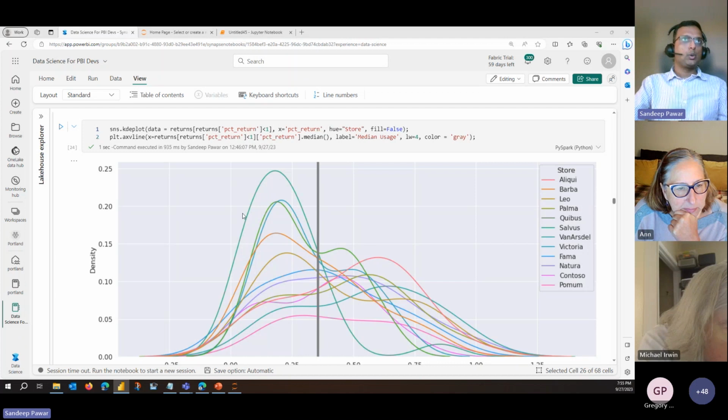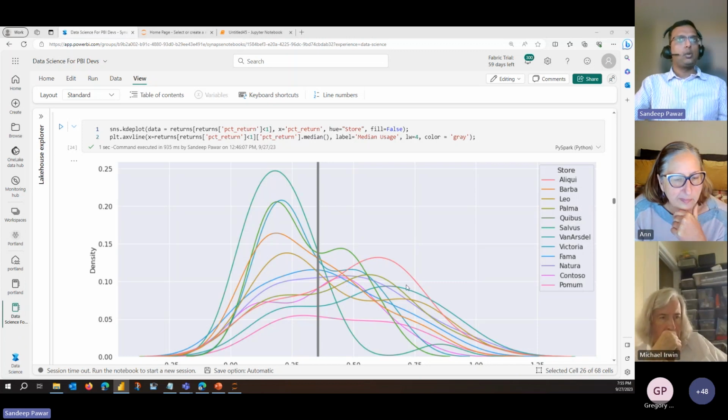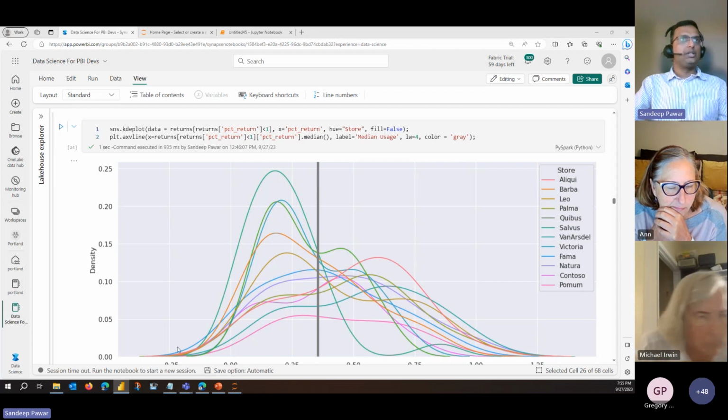Then there are some stores that have a hump on the left, and some stores that have a hump on the right. But interestingly, not only that, each of those stores again has two humps. If I were to focus on just one, this green one here called Salvus, it has again a hump here and here.